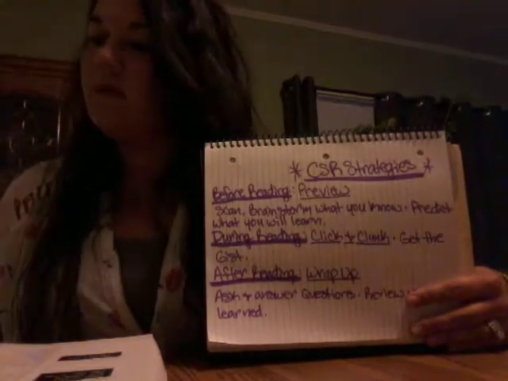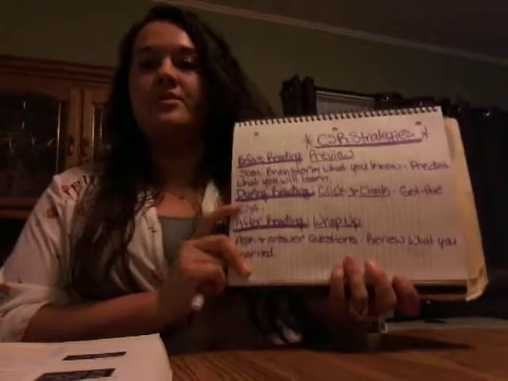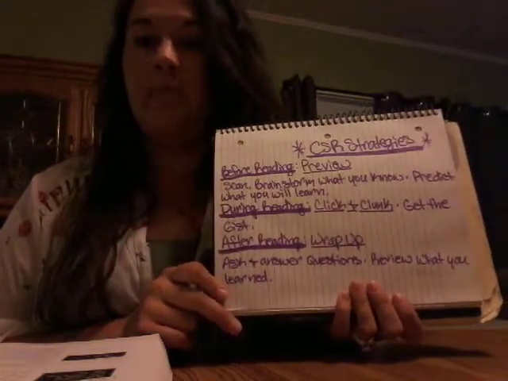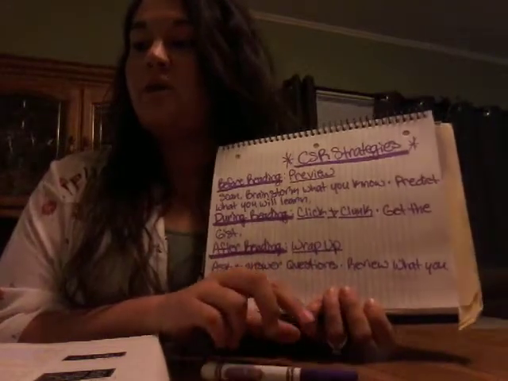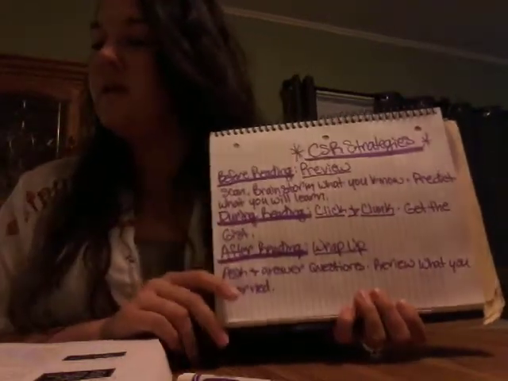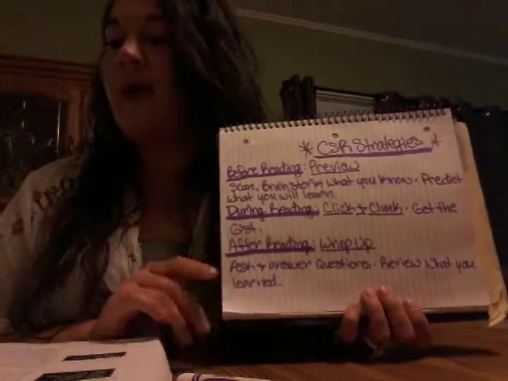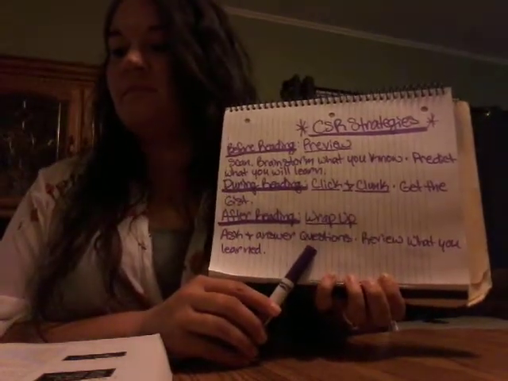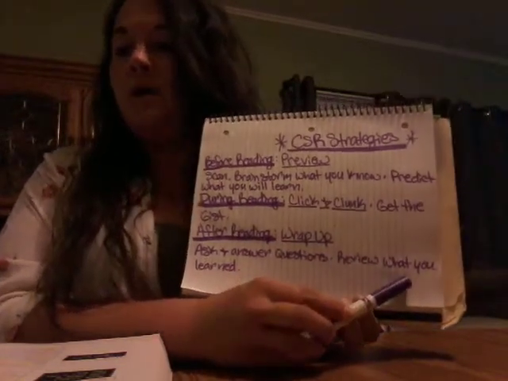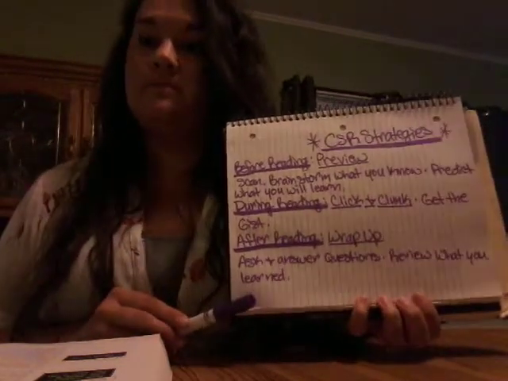And finally, after the reading, for wrapping up, down here, very last thing, has 2 parts. So we want to ask and answer questions and review what we have learned.